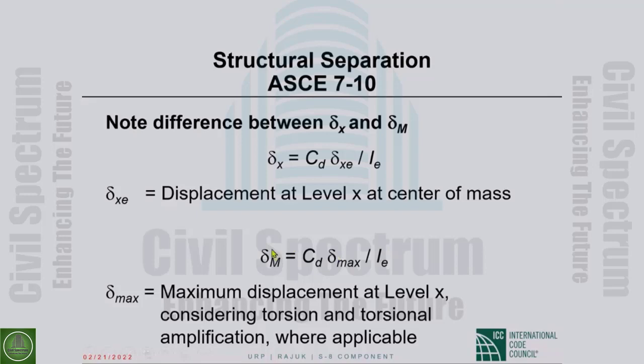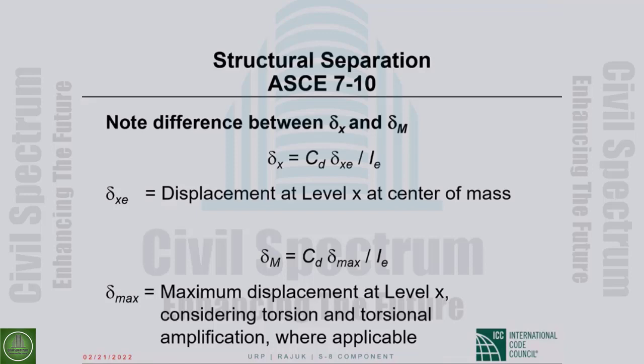Now, this delta sub capital M is the maximum displacement at level x. This is maximum displacement, considering torsion and torsional amplification where applicable. So if it is a torsionally irregular building, you will have to consider the inherent torsion. You have to bring in accidental torsion, and depending upon your situation, you may have to multiply the sum of the two by the torsional amplification factor.